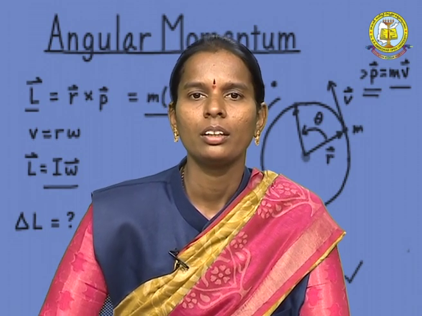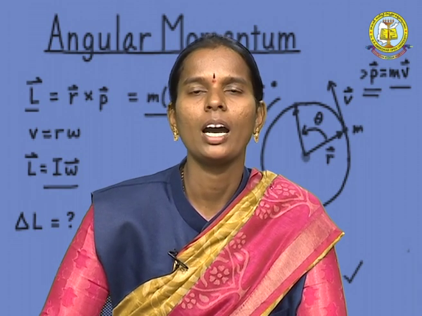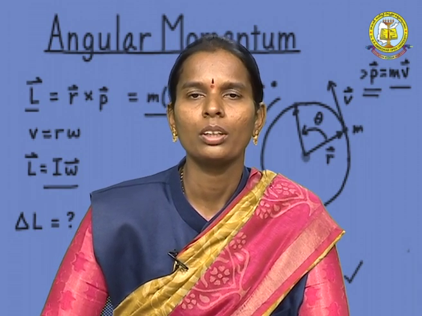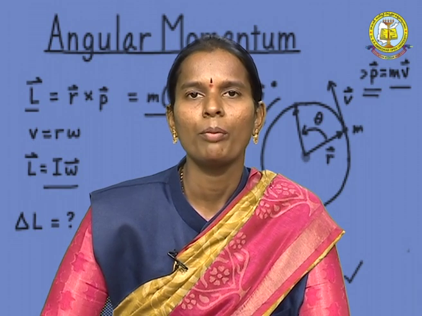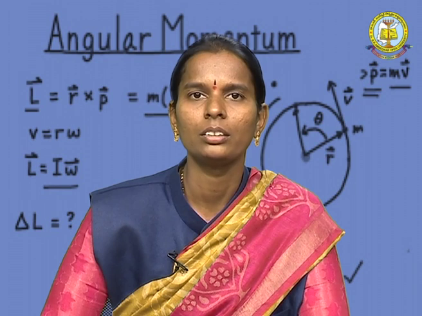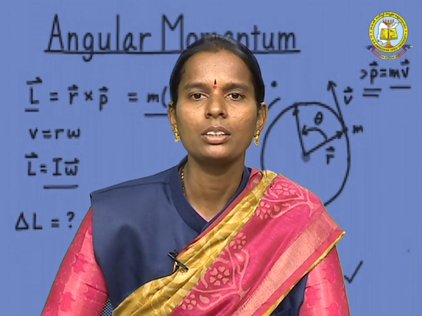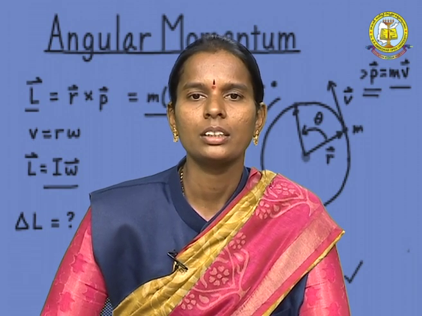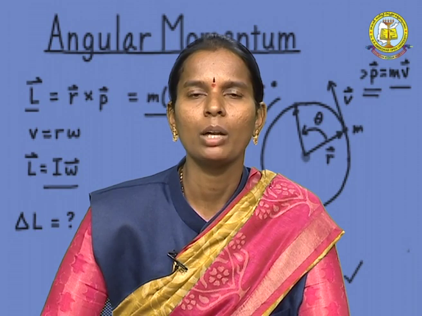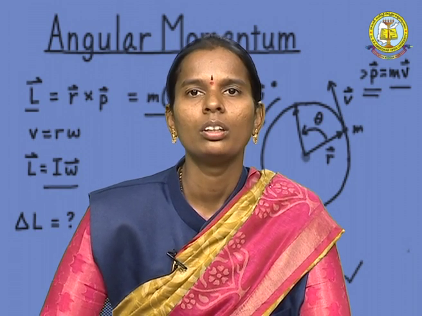So once again I can explain angular momentum: L is equal to r cross P. The product of the position vector and the momentum of the particle is the angular momentum. Conservation of angular momentum means dL/dt is equal to 0.